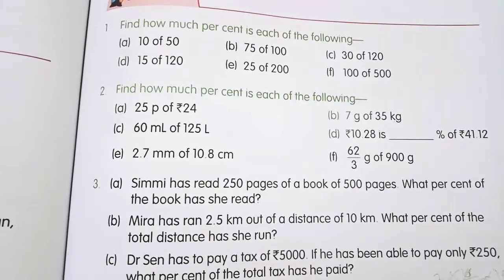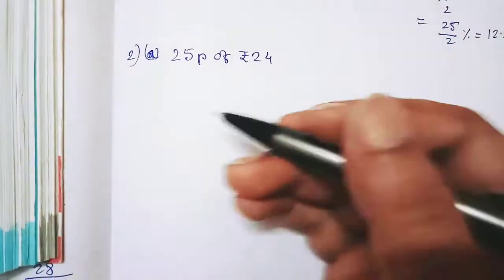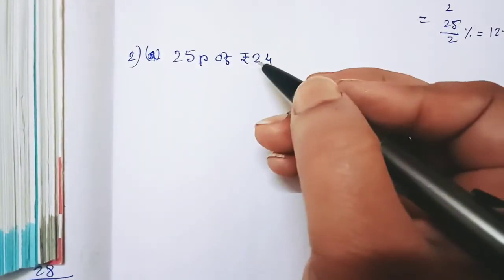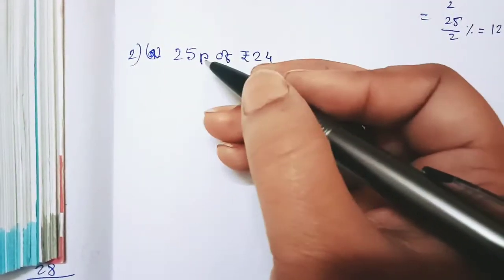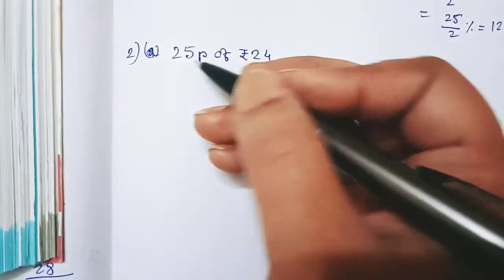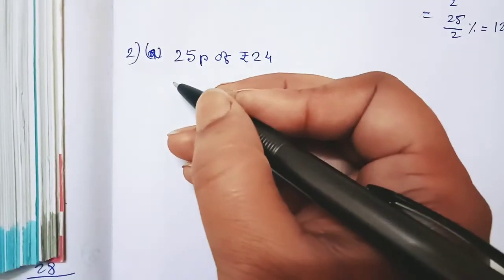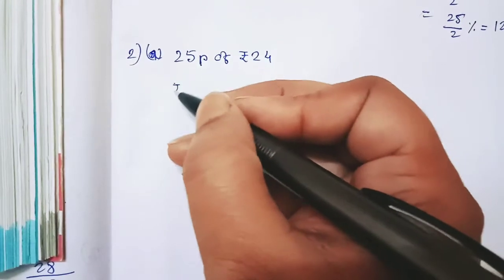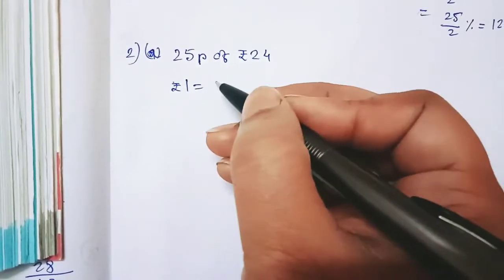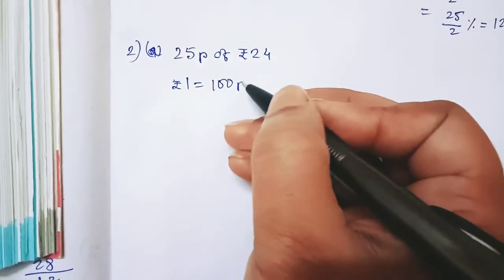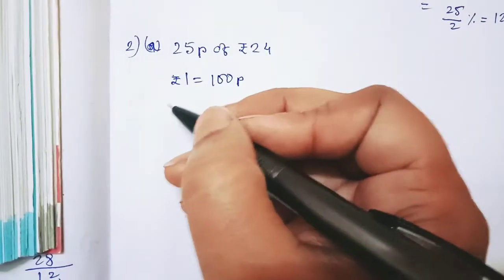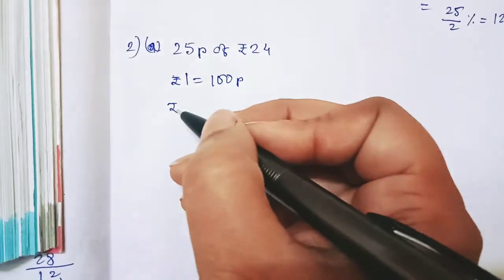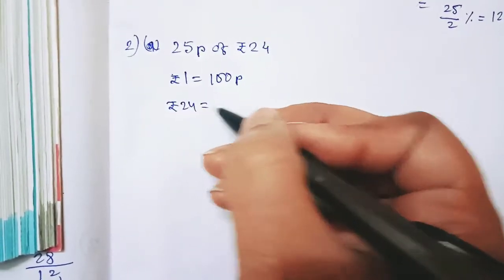Now let's start question number 2a. 25 paise of rupees 24. First of all, we'll make the unit the same. We'll convert these rupees into paisa. What we know, 1 rupee is equal to 100 paisa. We know this relation. So we'll convert this 24 rupees into paisa. How?